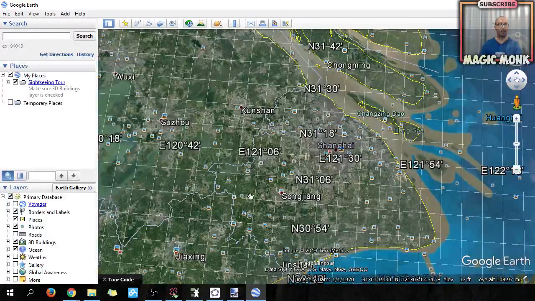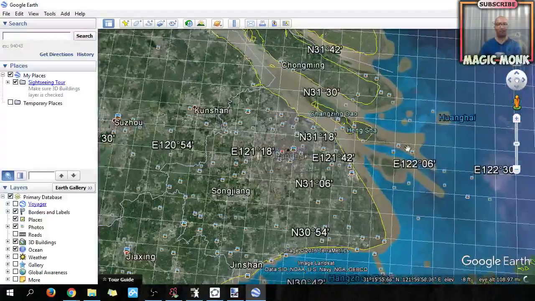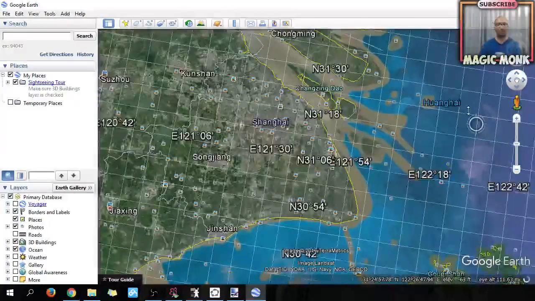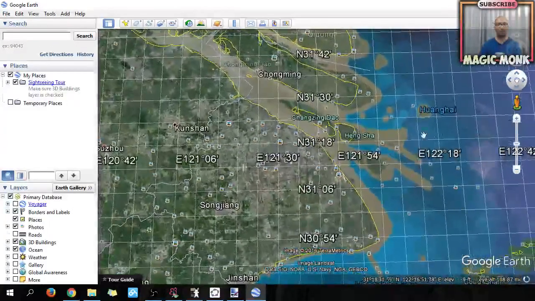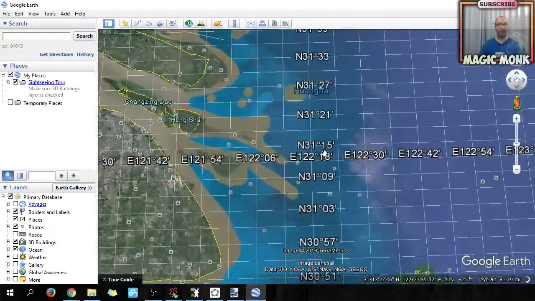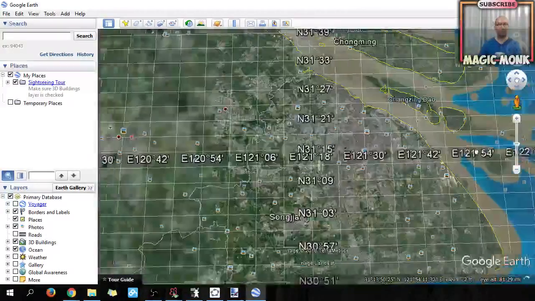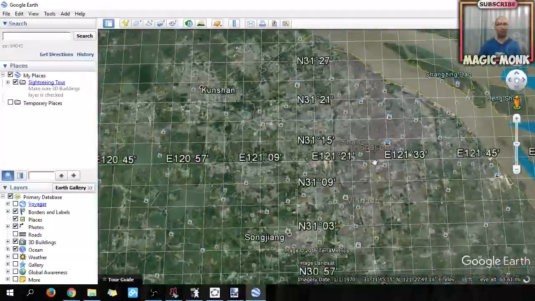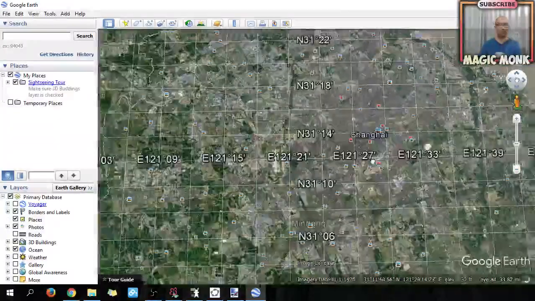You can see that Google Earth uses degrees, minutes and seconds. Because it's using degrees, minutes and seconds, it doesn't go beyond 60.